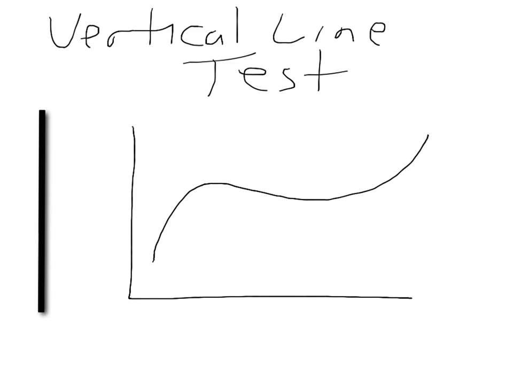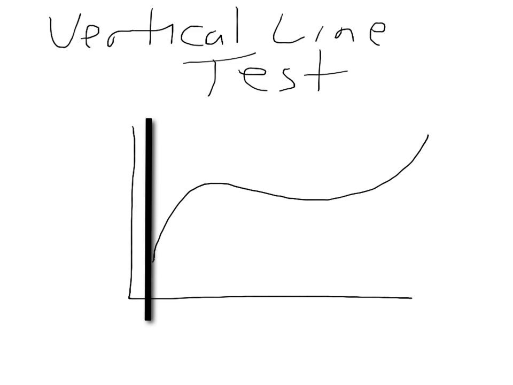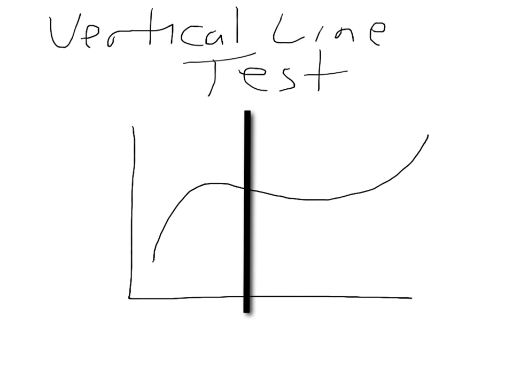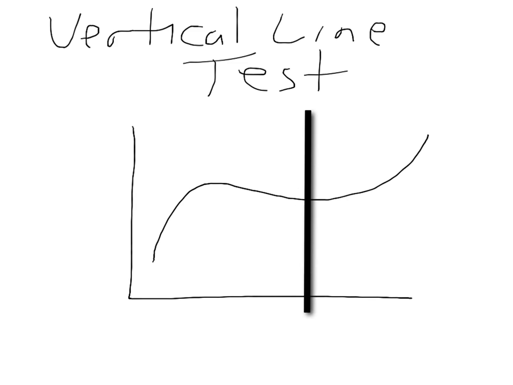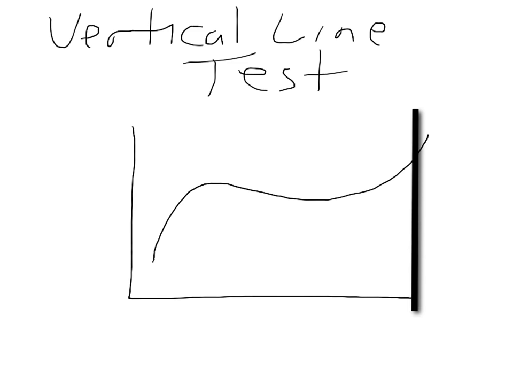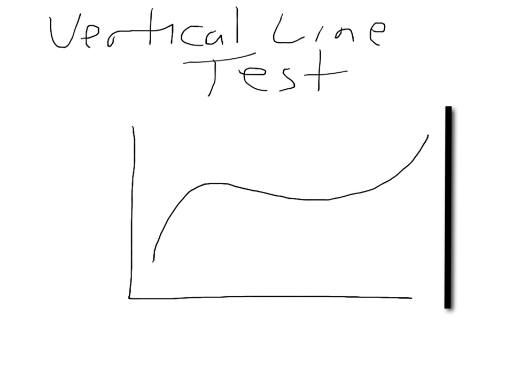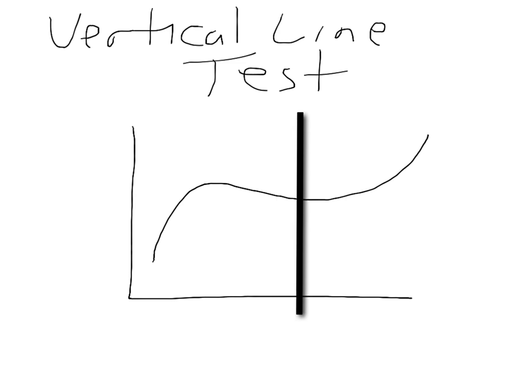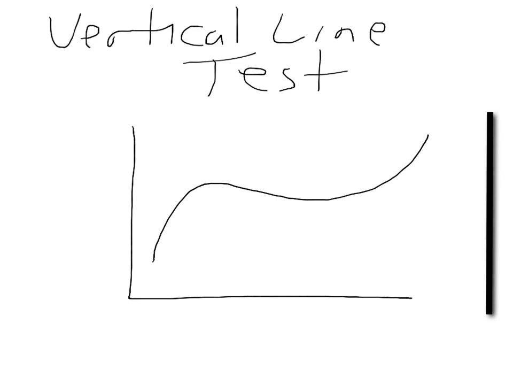And I was going to try to move that line, but I don't think I can. Well, there we go. If you move the line across the graph, if the line only crosses the graph once, then it is a function. So in this case, it's only doing that once, so we do in fact have a function.